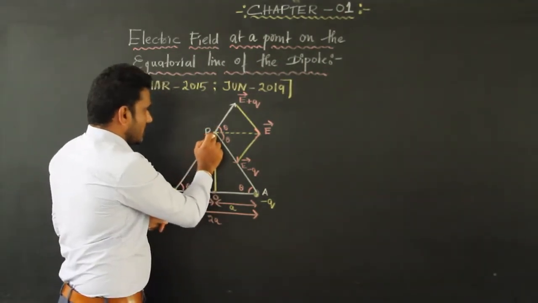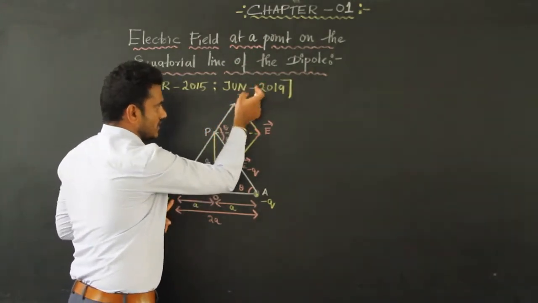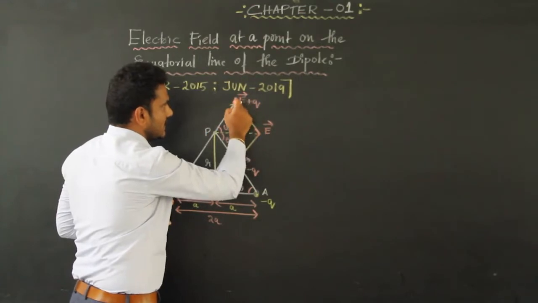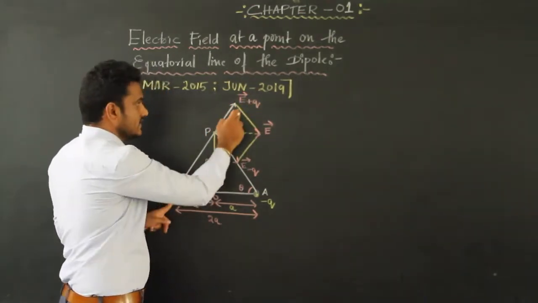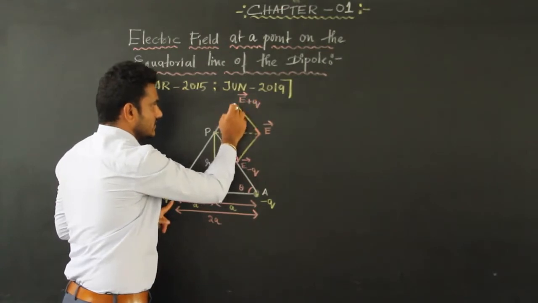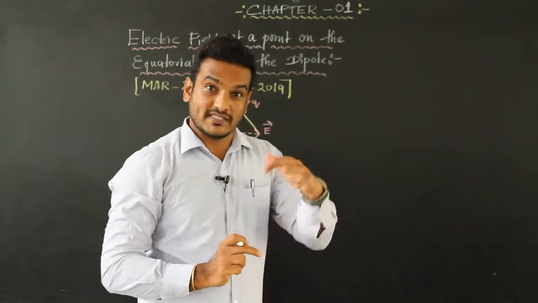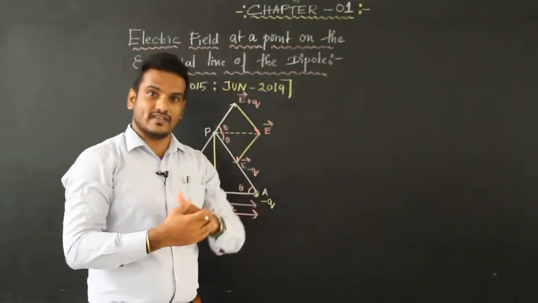The electric field at a point P due to the positive charge is directed outwards and it is represented by E plus Q, because this represents the electric field due to the positive charge. Look at the direction. It is directed outwards. We learnt in the previous class itself.